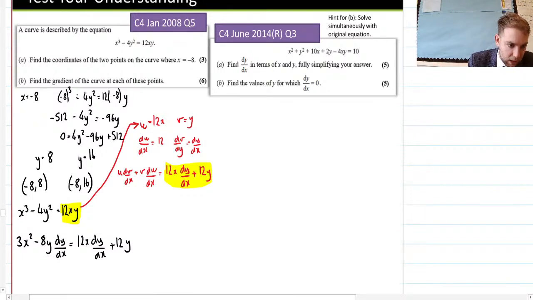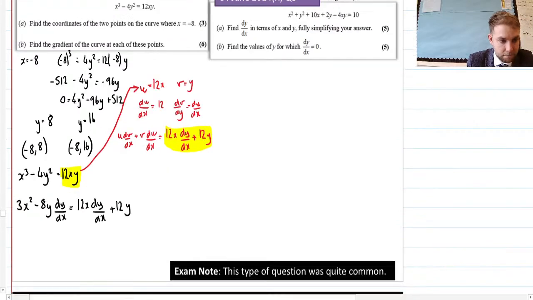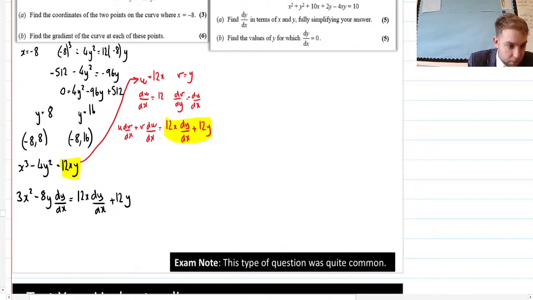So we end up with 3x squared minus 12y is equal to 12x dy by dx plus 8y dy by dx.